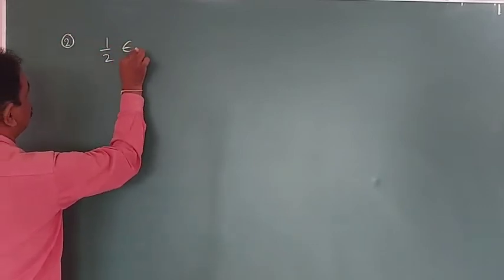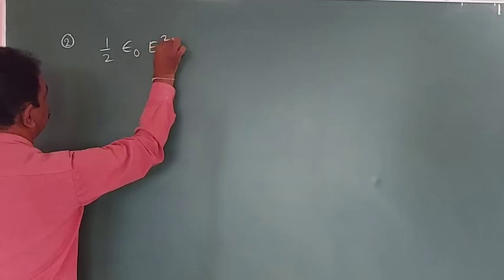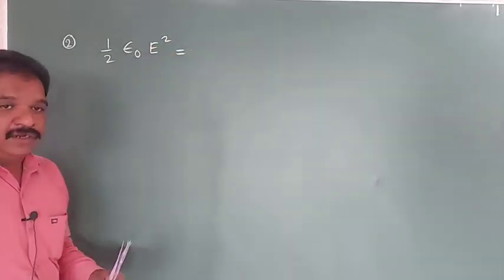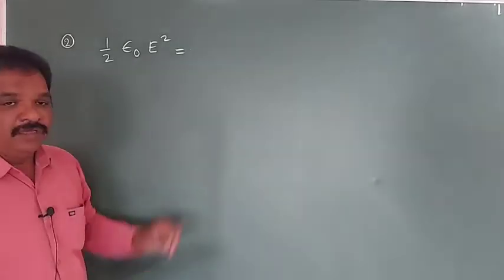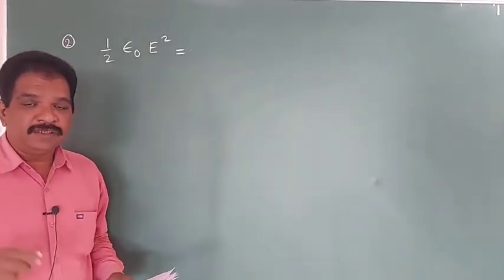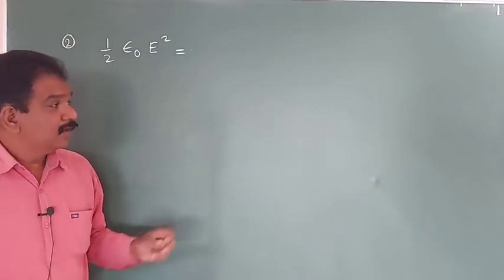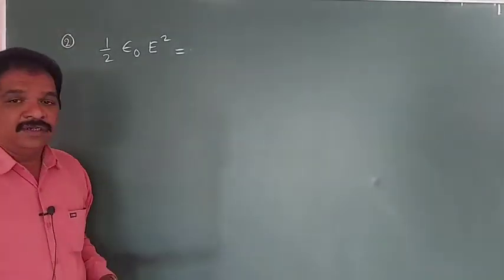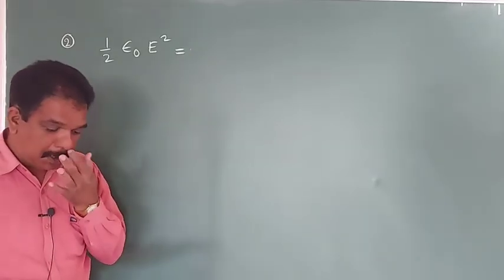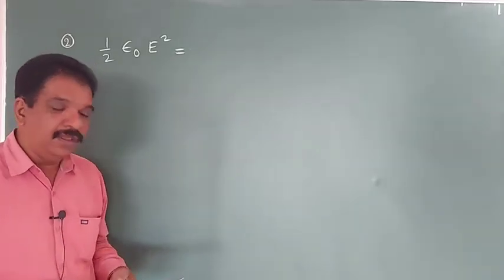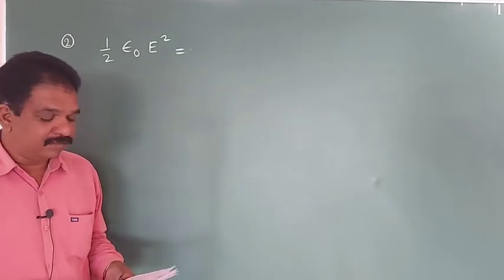Epsilon naught is called the permittivity of the vacuum, and E is called the intensity of the electric field. What is the value of 1 by 2 epsilon naught E square?